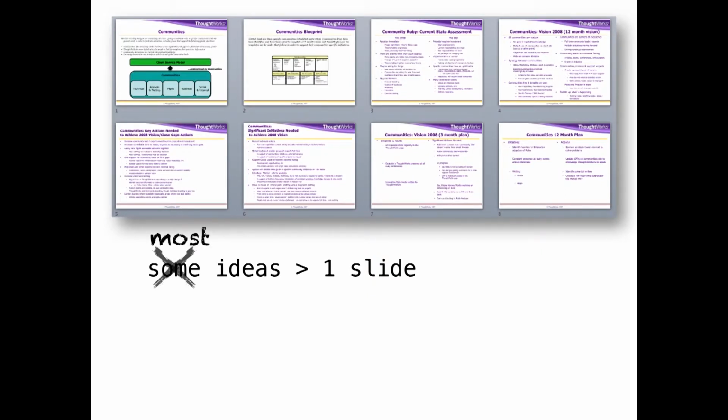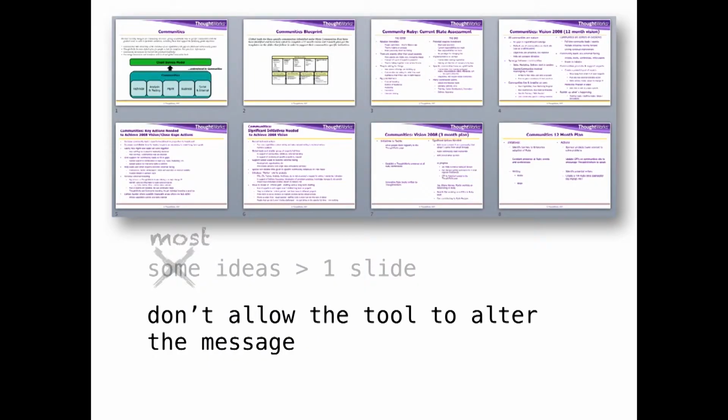But it seems like people, when they use a tool like PowerPoint, think that slides are very expensive, and so they want to use as few slides as possible and cram as much material as possible onto singular slides. Stop doing that. Slides are free. They couldn't be more free. Stop compressing information onto them and open them up and make them a lot wider. Don't allow the tool to alter your message. Don't assume that every idea you have will fit on 1 slide, because that's not true.